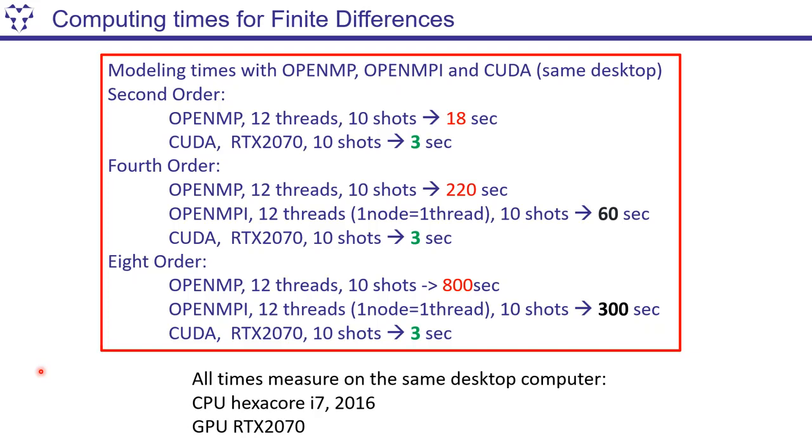But when we do that in the GPU, the computational cost becomes fairly constant even when we are doing significantly more computations. And not only that, when we go into, for example, 8th order, we see an improvement on the order of 100 times compared to doing the same operation using an OpenMPI distributed model.